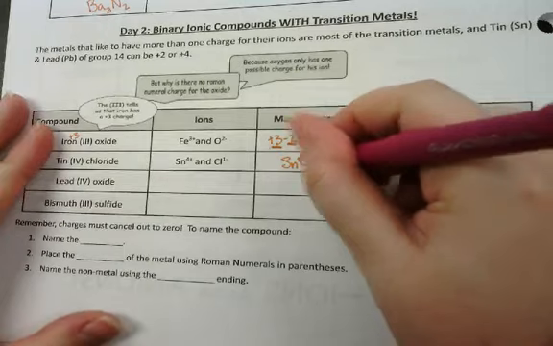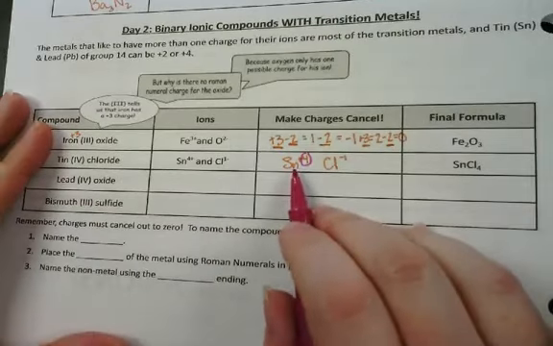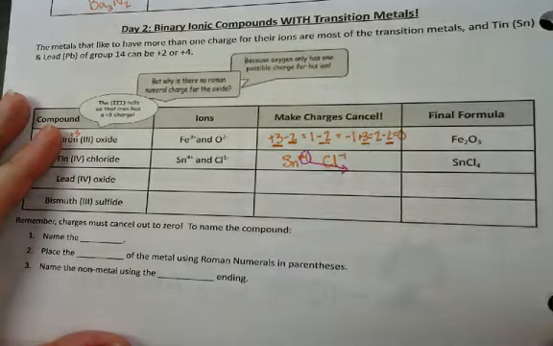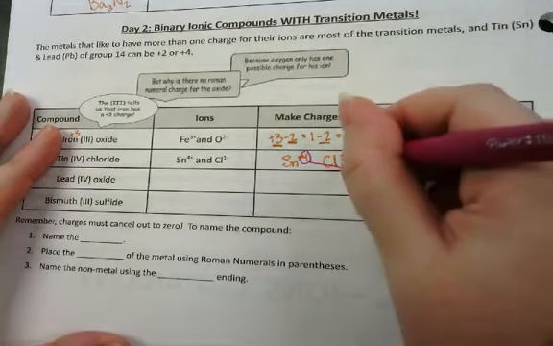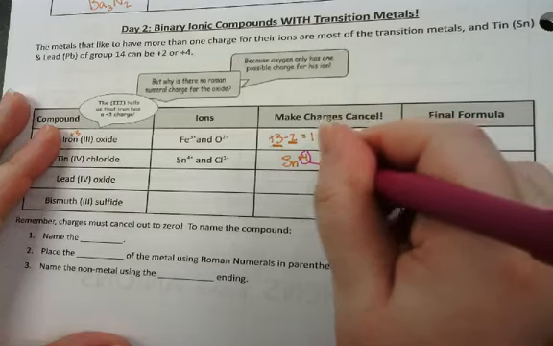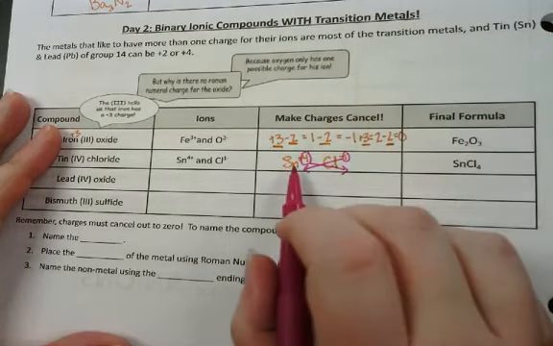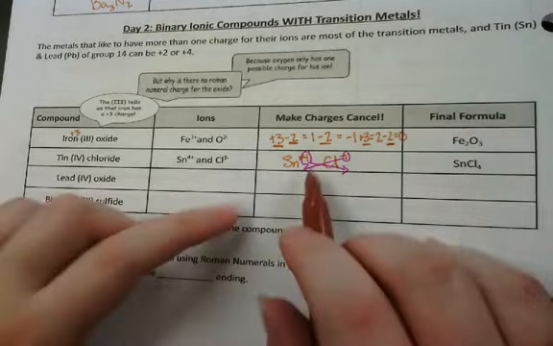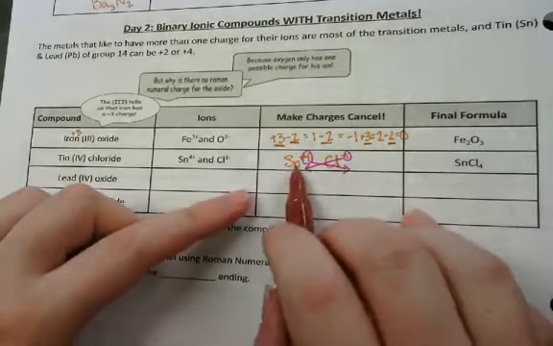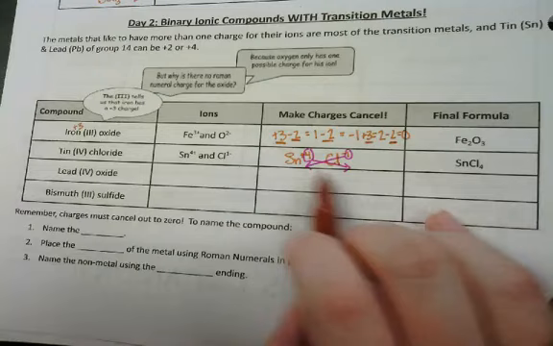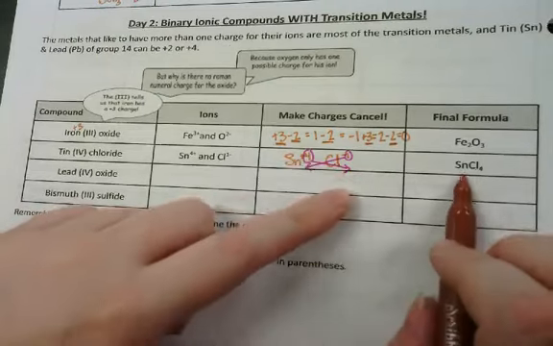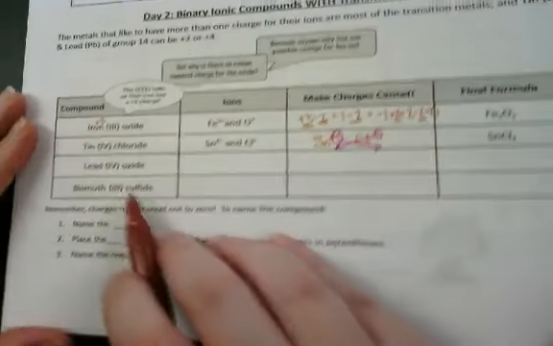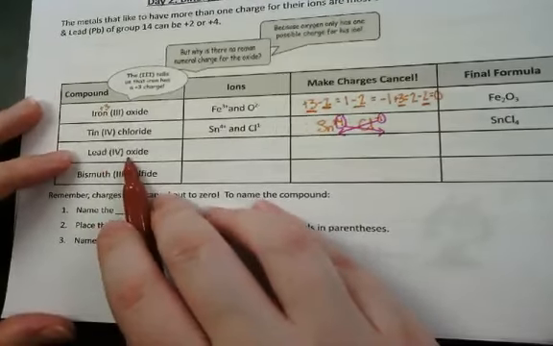So the number for the charge of tin is going to come down and be the subscript for chlorine. The charge of chlorine is going to crisscross down and become the subscript for tin. Now, we don't write 1s, so we would end up with Sn1Cl4, but we don't write the 1, so it's SnCl4.